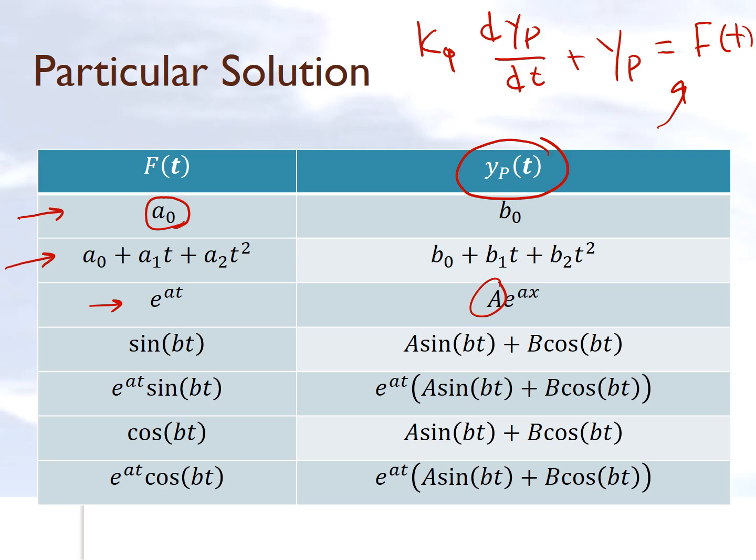So in conclusion, we have seen the nominal form of the first order differential equation. The independent variable is t, the dependent variable is y.